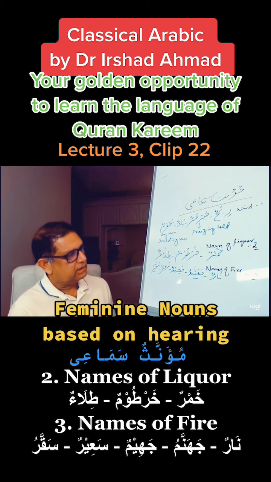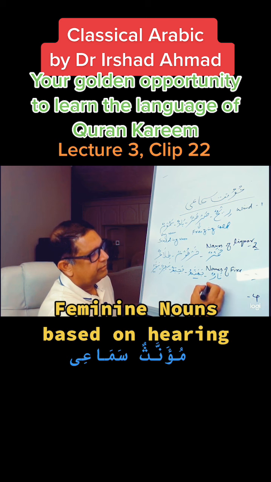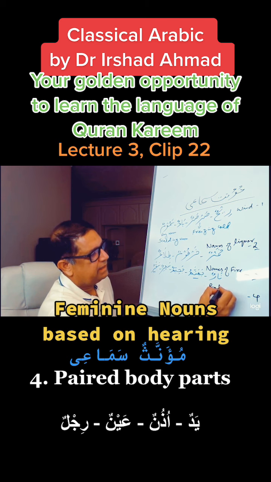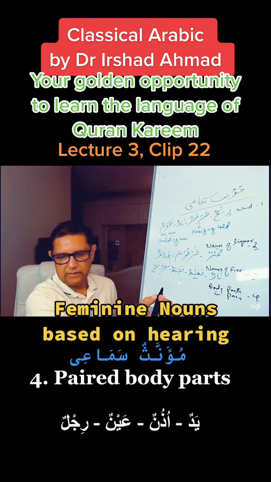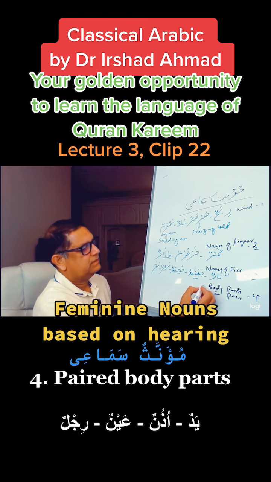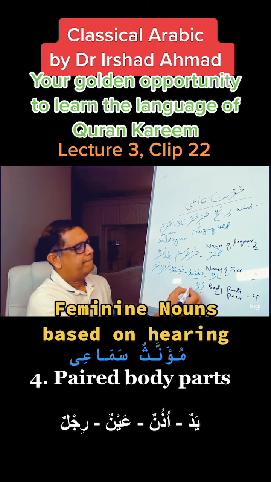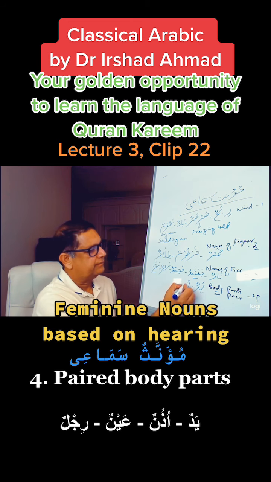The fourth category is very easy. That's body parts which are in pairs. For example, we will say yadun, hands, hand. One hand is yadun. And we can say uzunun, ears.